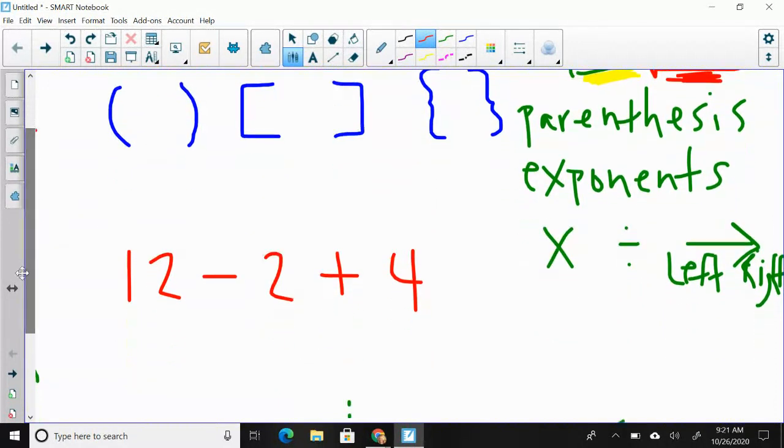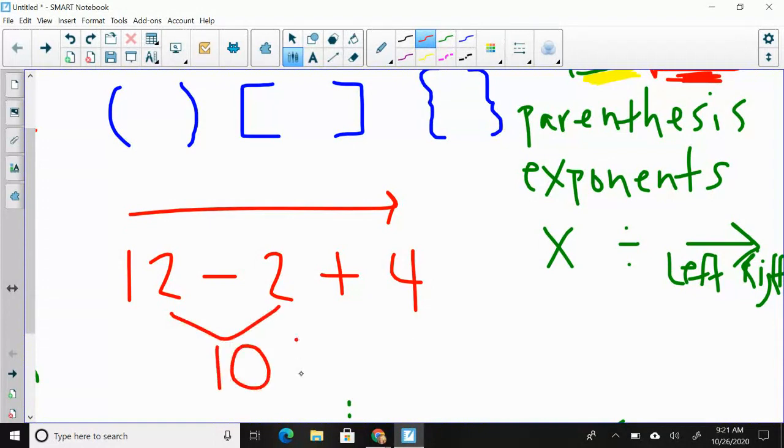So in this case, I have subtraction and addition. They're on the same level. So I'm just going to work the problem from left to right. And so in this case, I would subtract first, and that would give me 10. And then 10 plus 4 is 14. Okay. If I were to add first, I would end up with 2 plus 4 is 6, and 12 minus 6 is 6, and that would be the wrong answer.